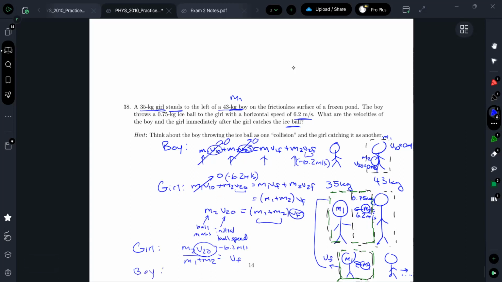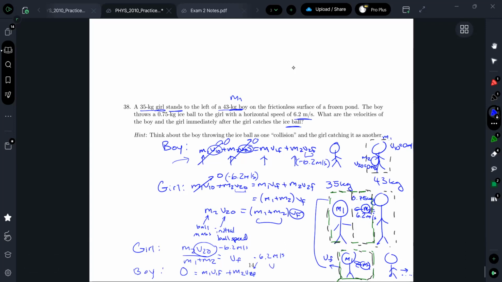our momentum equation was, looking at this one up at the top, 0 equals M1 V1F plus M2 V2F. And this V2F is what we know to be negative 6.2 meters per second. It's the final velocity of the ball after he has thrown it.